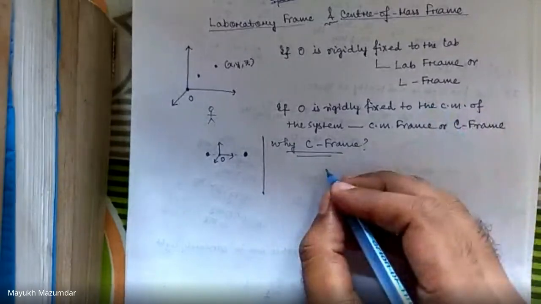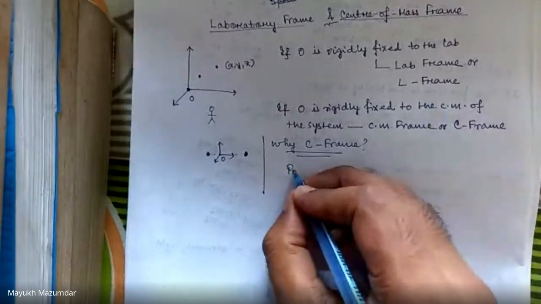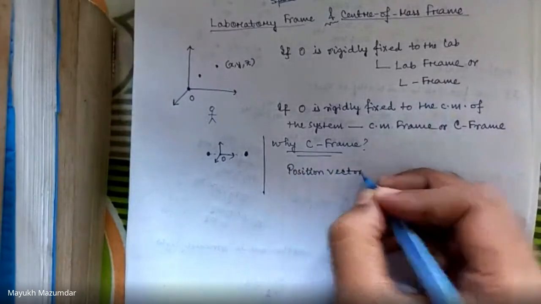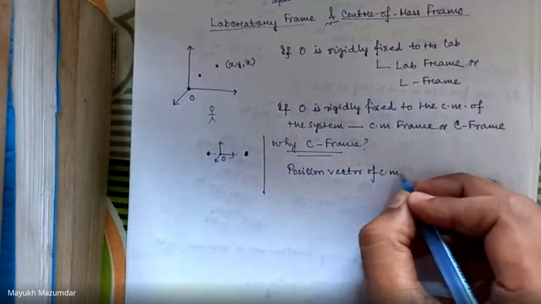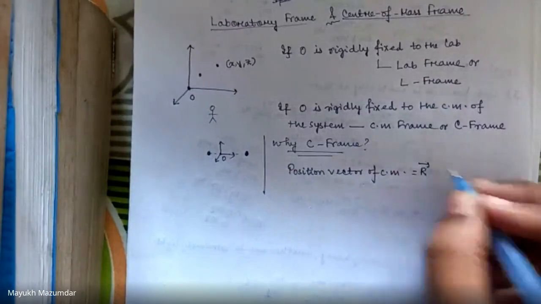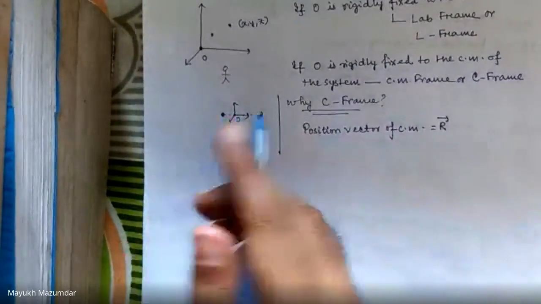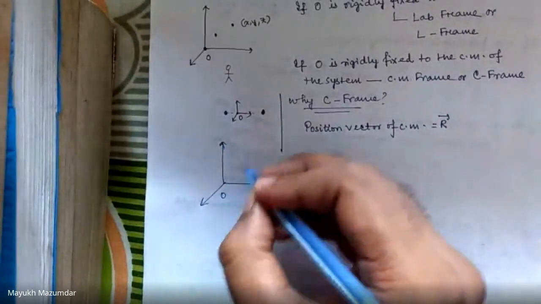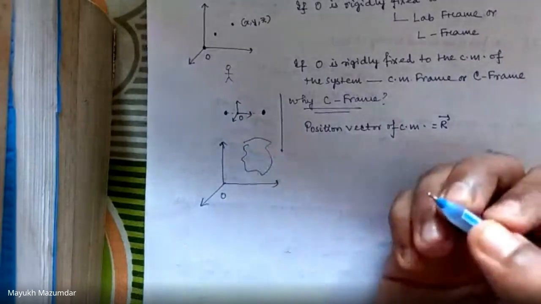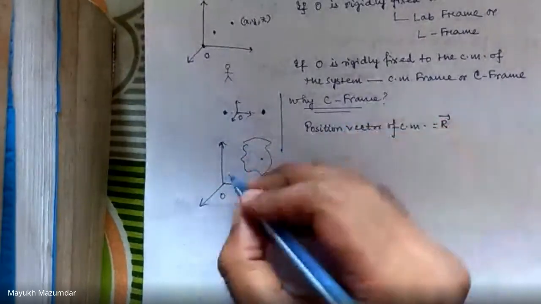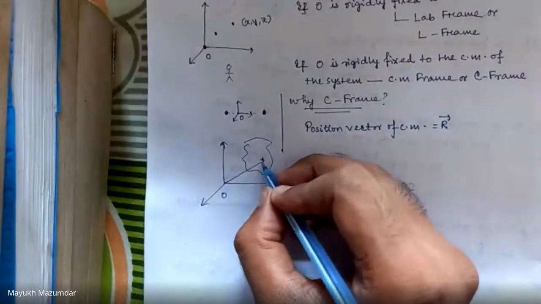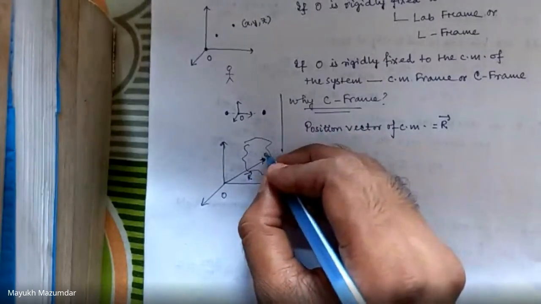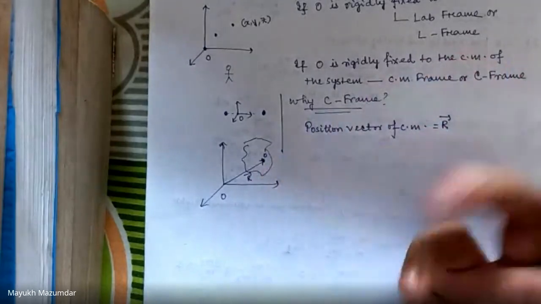So I hope you remember the position vector of the center of mass. It was given by the vector R. Just remember that picture. The origin, system of particles, is the center of mass. Then what did we say? R is the position vector of the center of mass of the particles, say O dash.